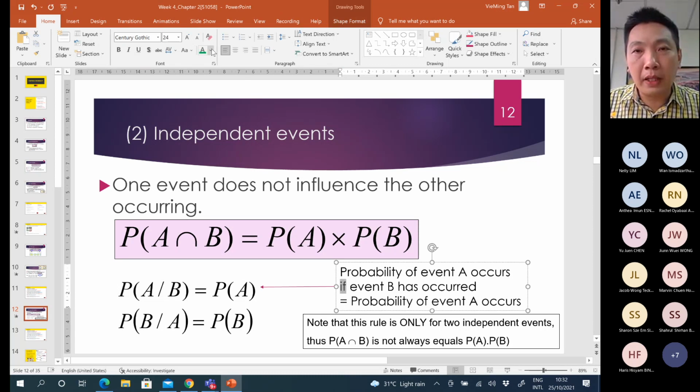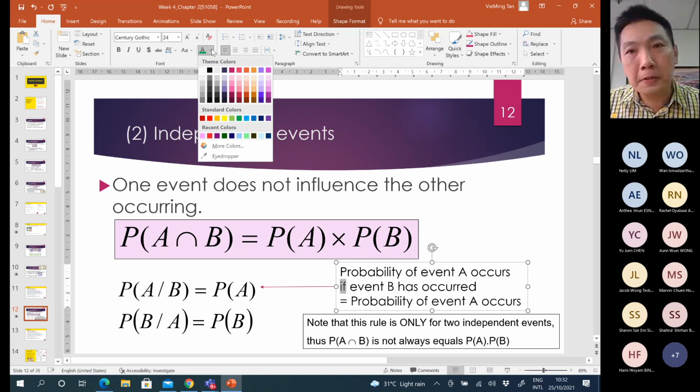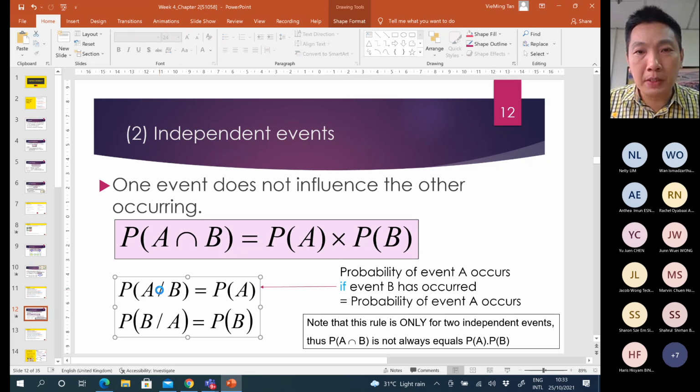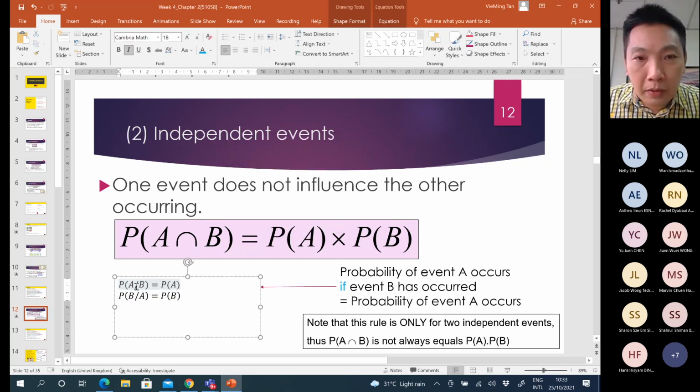Event B already happened. I use some other color, maybe blue. I use this blue color to represent this symbol. The slash symbol means if, conditional.